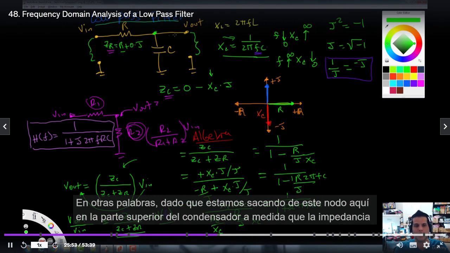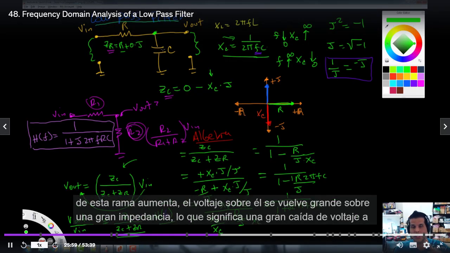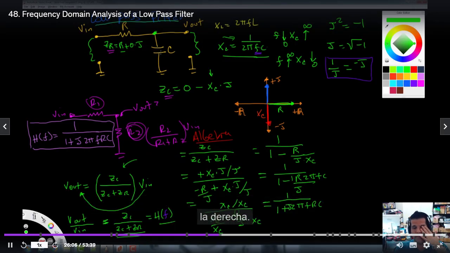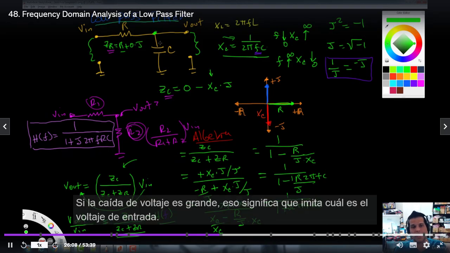So in other words, since we're taking V out from this node here on top of the capacitor, as the impedance of this branch gets large, the voltage over it becomes large. A big impedance means a big voltage drop, right? If the voltage drop is big, that means it mimics what the input voltage is.